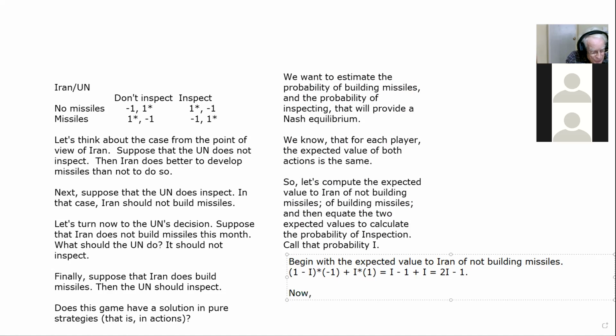Now for 3 points of extra credit, compute the expected value to Iran of building missiles.